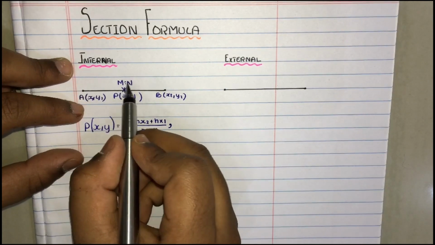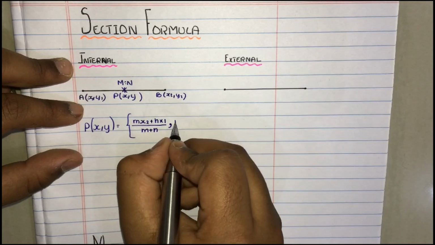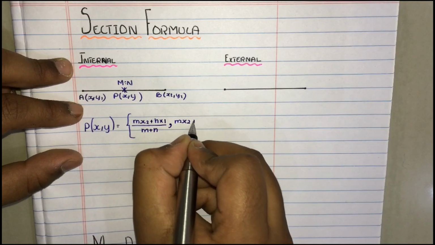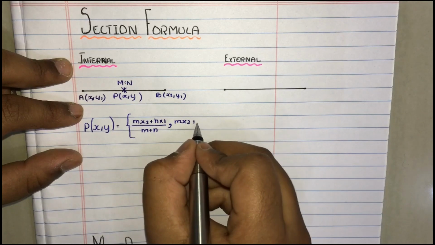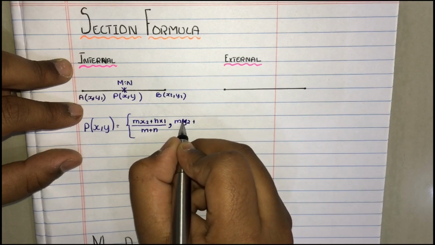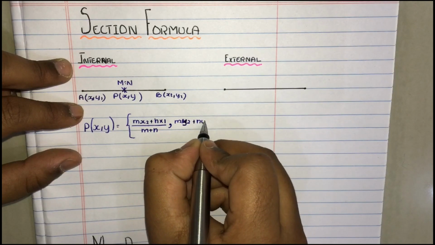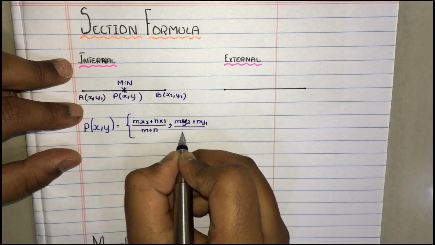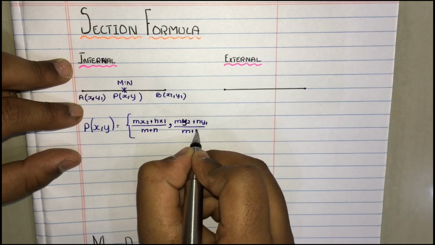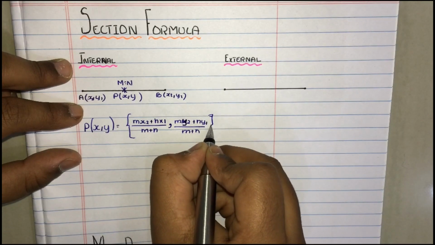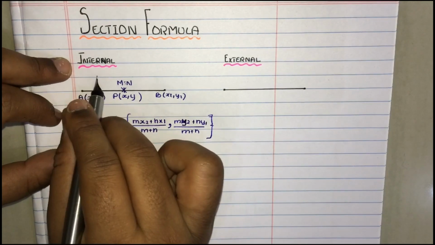Now for y coordinate: m into y2, my2, plus n into y1, ny1, divided by m plus n. So this is the beautiful section formula for internal.